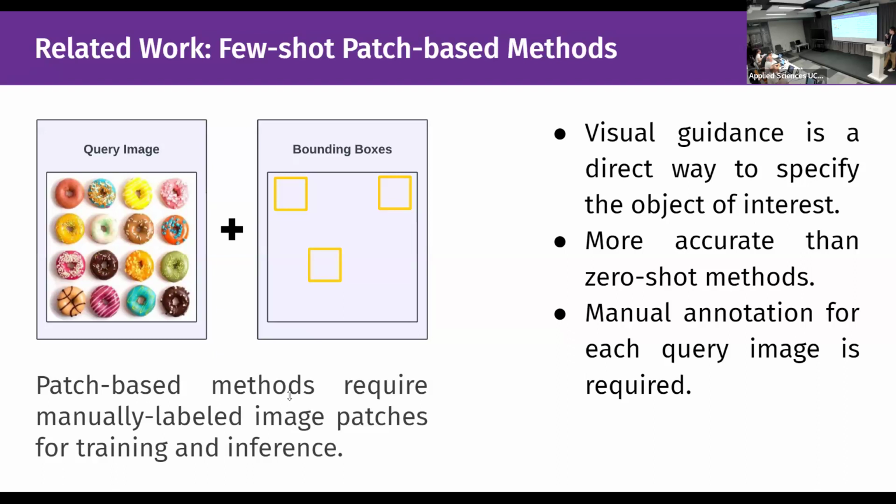This way, we directly leverage the visual information from the query image, thereby enhancing its contextual relevance, and thus patch-based few-shot methods generally perform much better than the zero-shot. However, there is one big limitation: we need to get those bounding boxes from somewhere, and usually it's just manual annotation, which also is impractical for real-world applications.